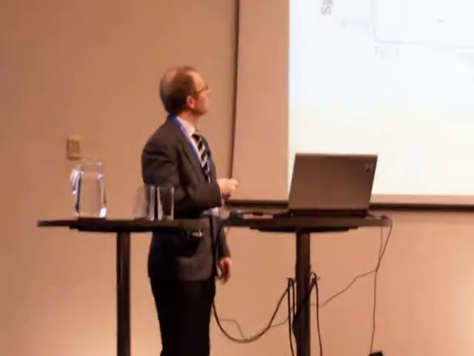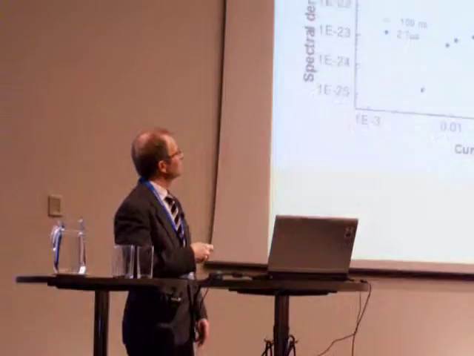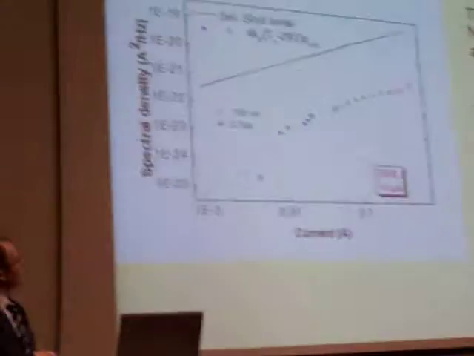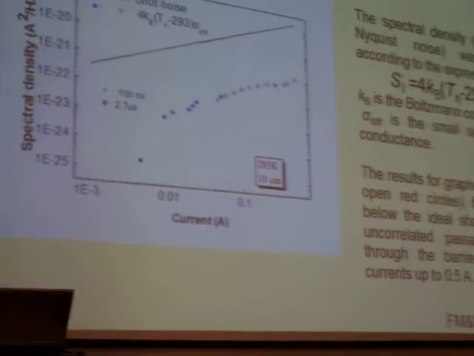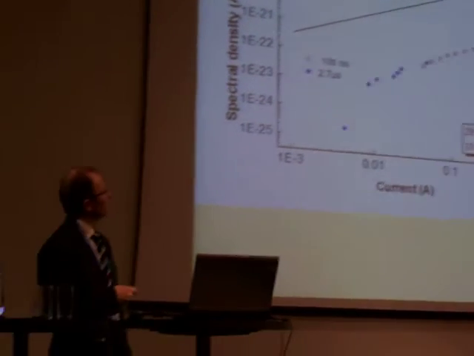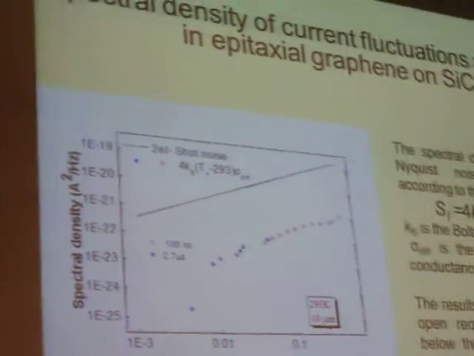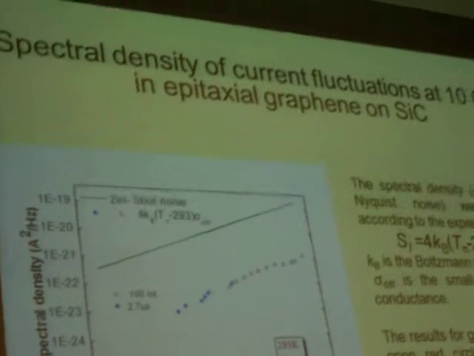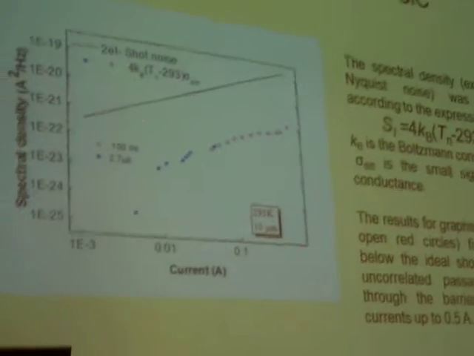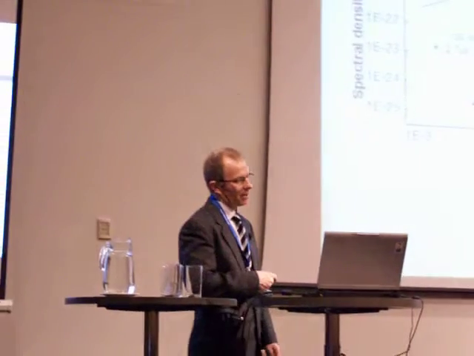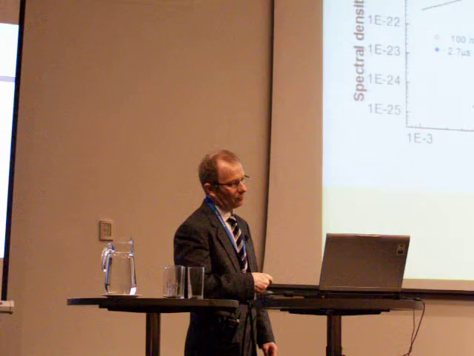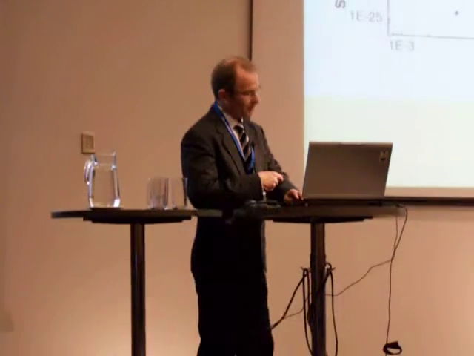Here we plot the spectral density of the dominant white noise at 10 GHz, which is expressed through noise temperature and small signal response conductance, which was estimated earlier from noise power reflection measurements and a resistor model. The results for graphene find themselves below the ideal shot noise from correlated passage of carriers through the barriers up to 0.5 ampere.